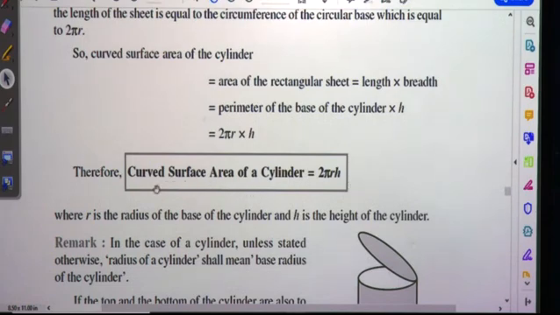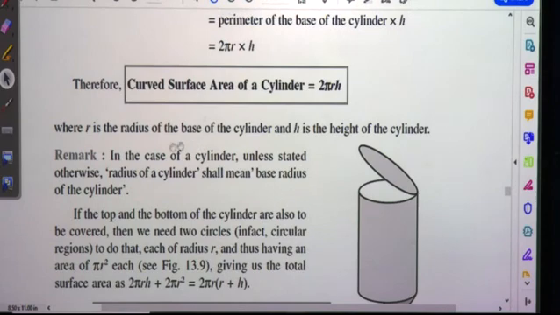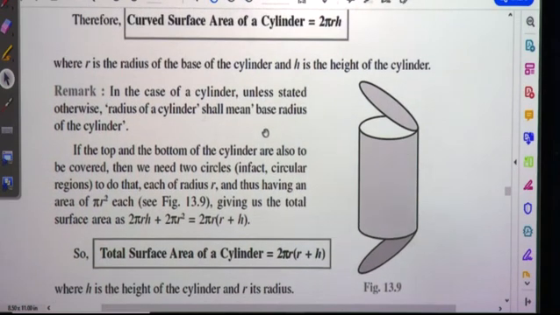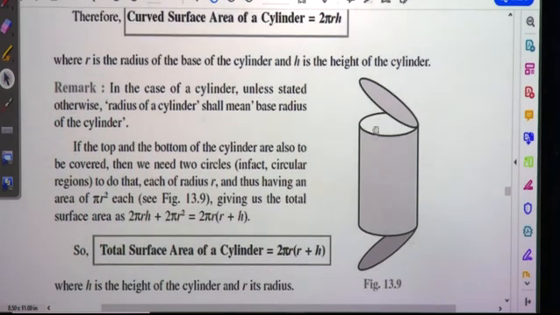This formula is very important to calculate curved surface area of a cylinder, where r is the radius of the base of the cylinder and h the height of the cylinder. Here you can see the figure.